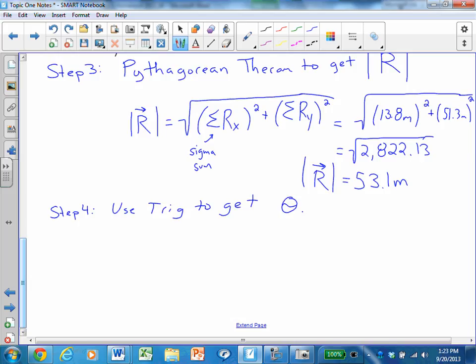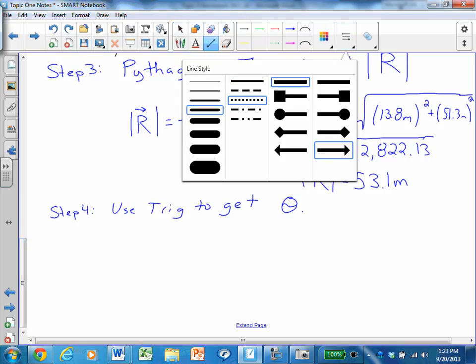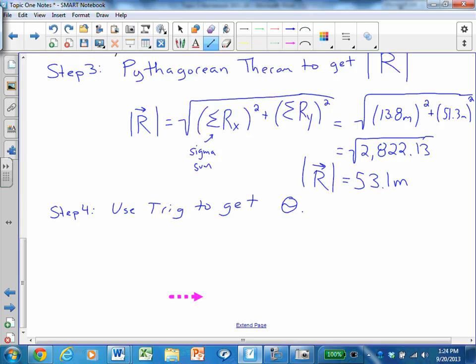That's its direction, because that will tell us where we are. And I like to draw a picture for it, okay? So we summed up the Rx's, and when we summed up the Rx's, we got 13.8, right? When we summed up the Ry's, we got 51.3.